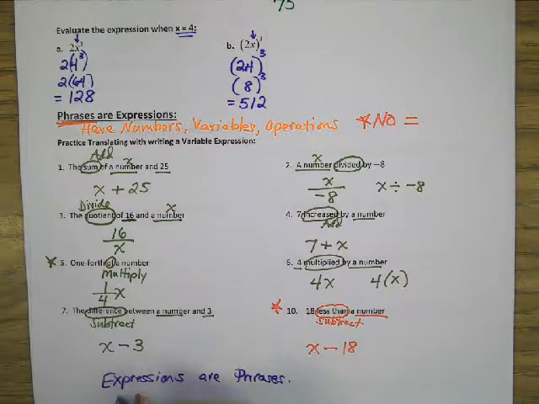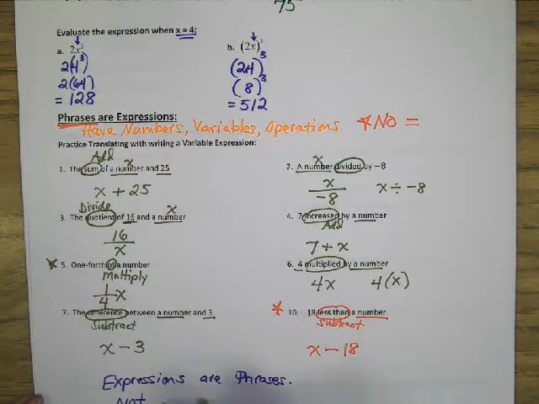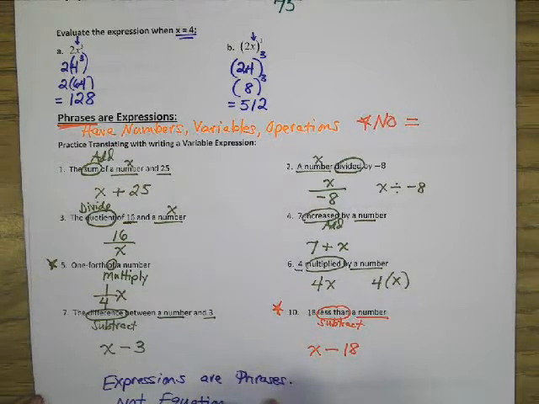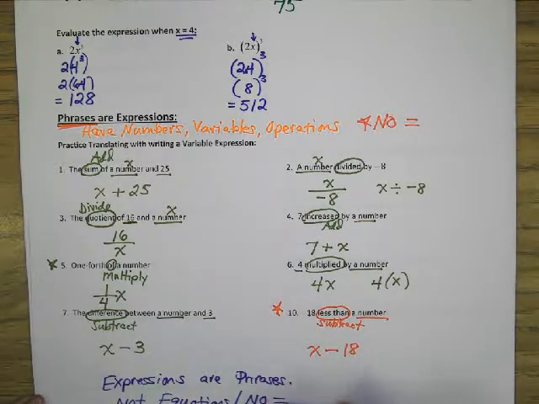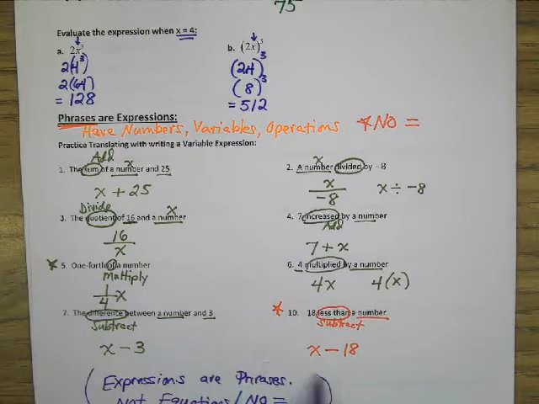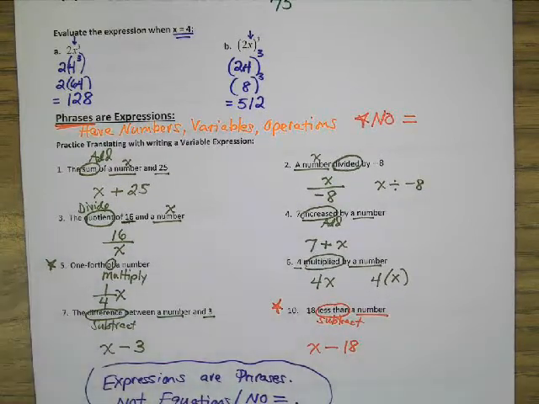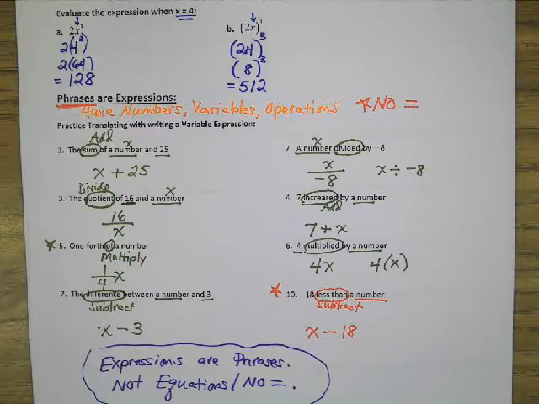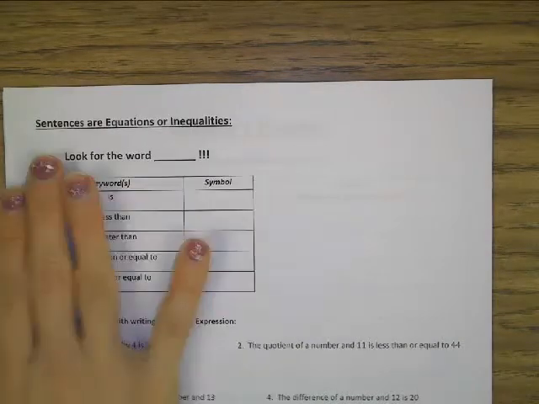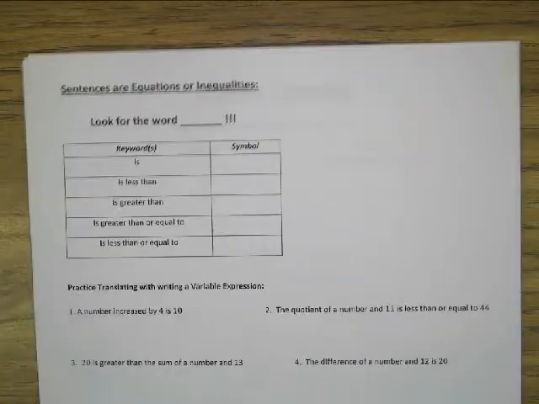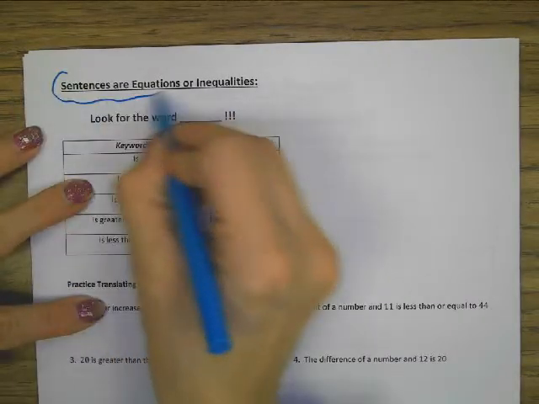Okay, but I thought we studied equations, and we did, which is on the next page here. We did study them. Sentences are equations or inequalities. So they have the equal sign or the greater than sign or the less than sign. They're going to have one of these symbols.